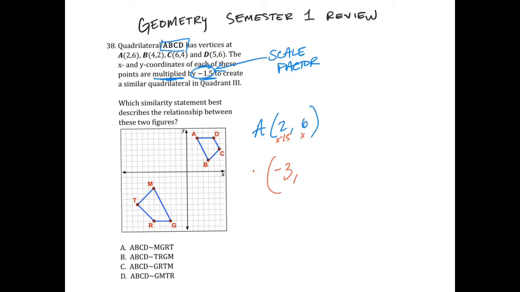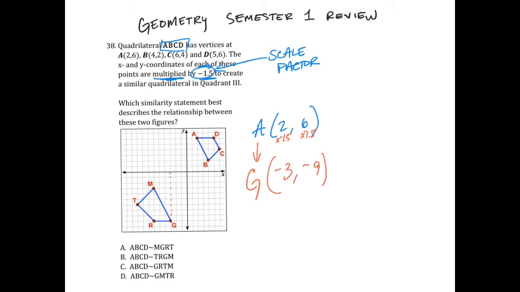And if I multiply 6 by negative 1.5, that would give me negative 9. So A is going to be changed to whatever negative 3, negative 9 is. So negative 1, 2, 3, negative 1, 2, 3, 4, 5, 6, 7, 8, 9. So A turns into G, according to this rule.